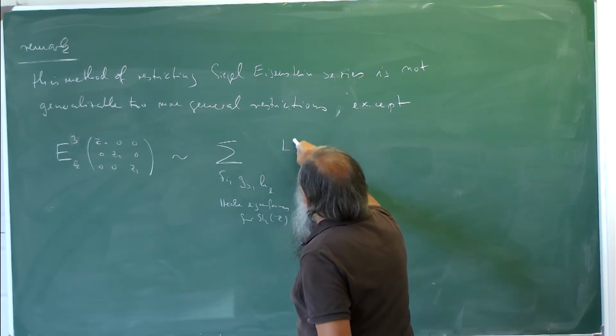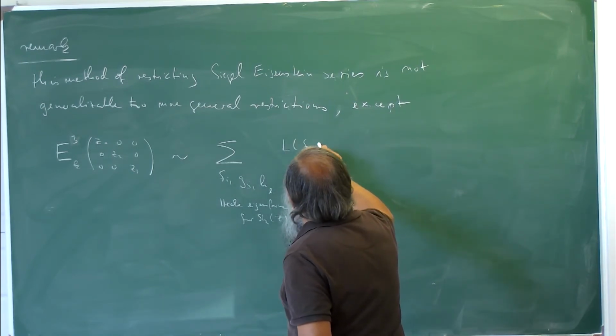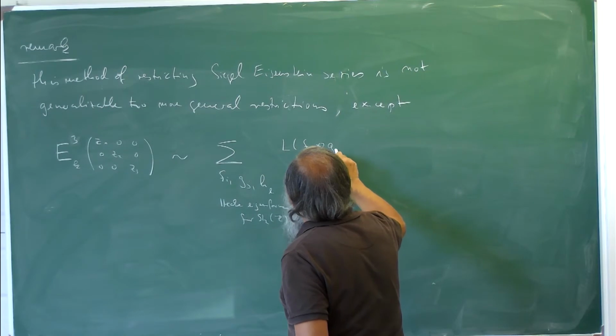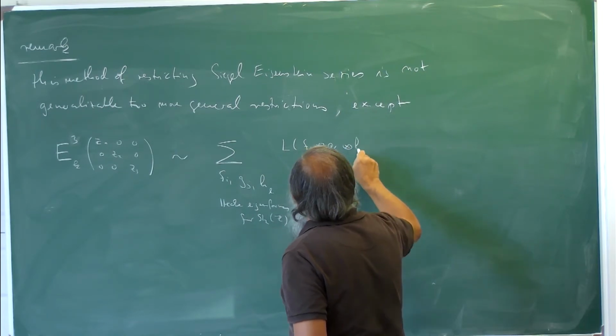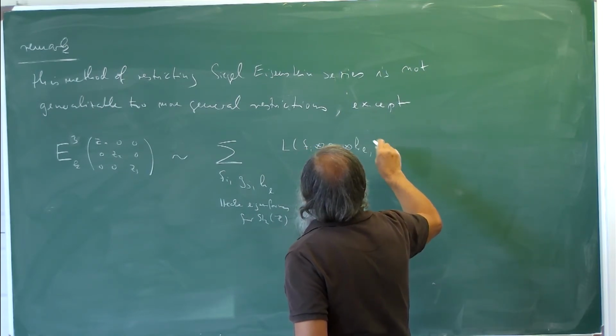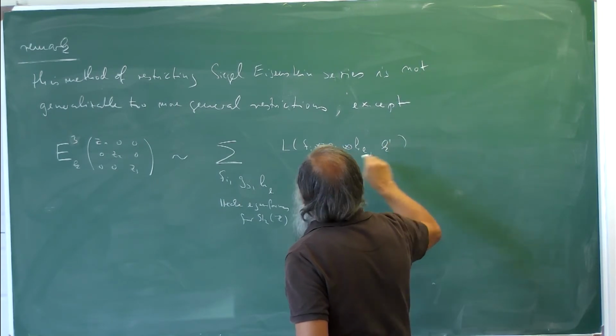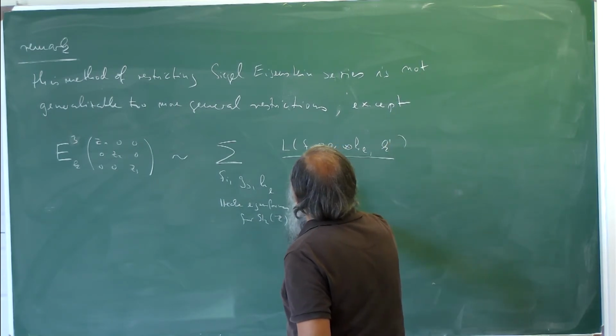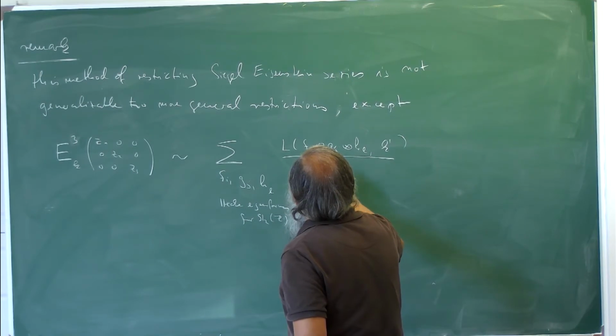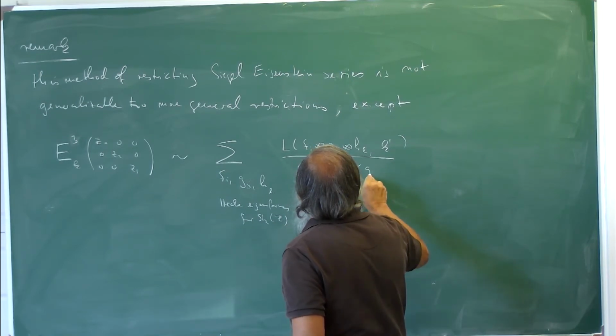And here you get something that is called the triple product L function, with say K prime, F_i, G_j.